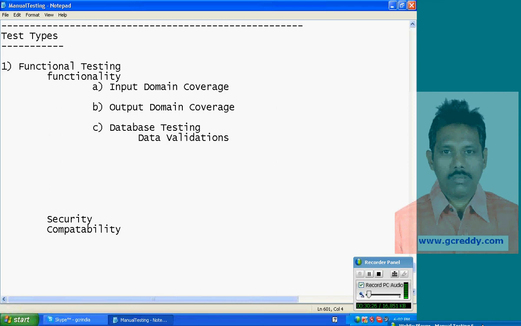See, here data has two types: input data and processed data. That comes under output only, but we have to check the validations. Suppose you enter marks from the front end, maths, physics, chemistry, 60, 70, 60, for example.